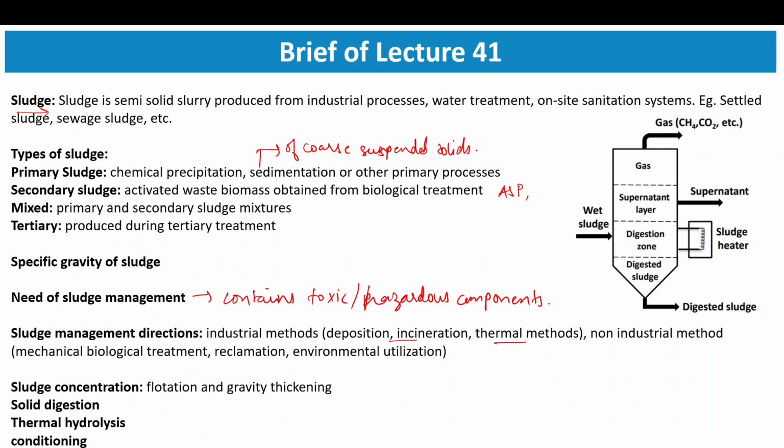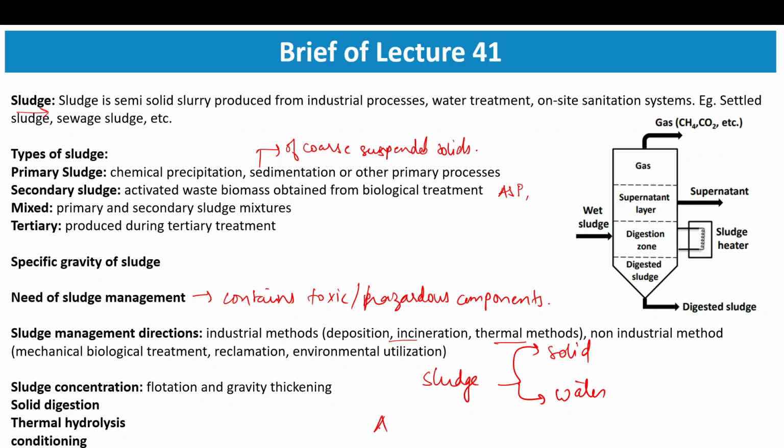Now, talking about the industrial method, what is the first definition of sludge? It is having solid and water as well. Okay, so here sludge management will have two aims.